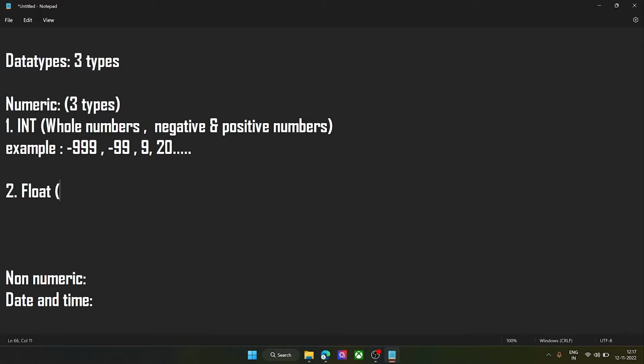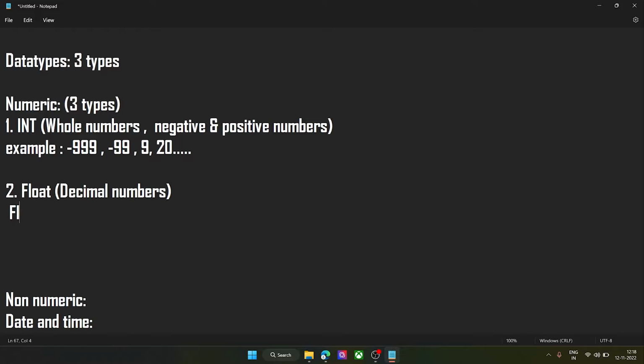The second data type we have is float. Float is for decimal numbers, anything which has pointed digits. How do we write float? F-L-O-A-T, float, and inside it you put M comma D. What do M and D stand for? Let me explain with an example.